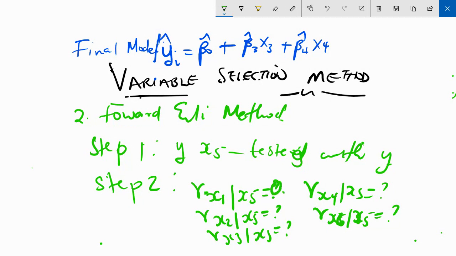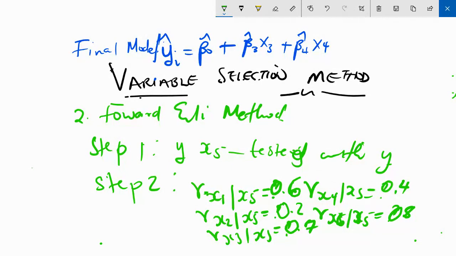Let's say this one is 0.6, 0.2, 0.7, 0.8, 0.4.